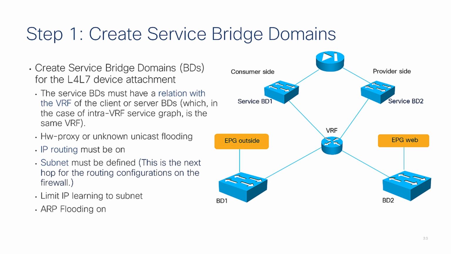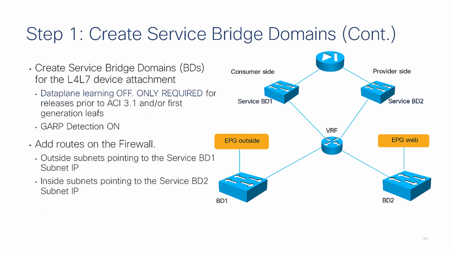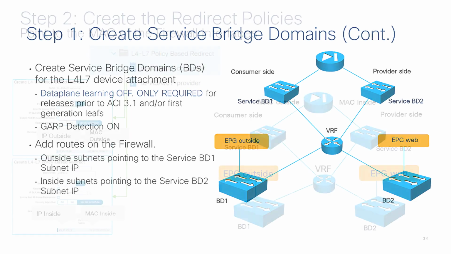So the route towards the outside for the firewall points to the subnet on this bridge domain, and the route to the web servers from the firewall points to the bridge domain IP of service BD number 2. And then you do not need to turn off data plane learning, although this was required for releases prior to 3.1, and it's required if you're using first generation leaves.